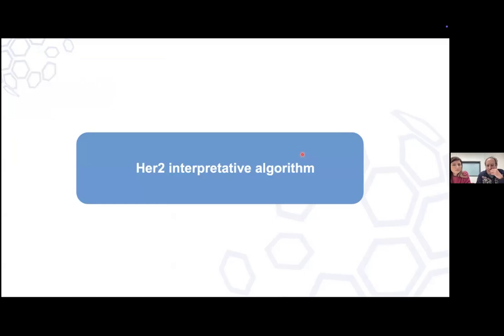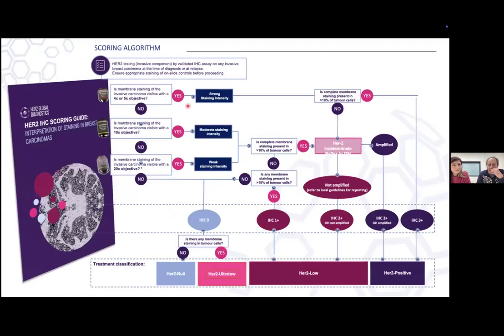So what is the interpretive algorithm? The interpretive algorithm, and this is one that we published with AstraZeneca, is a stepwise approach. Now, this is something you don't see in the published guidelines, but this is something that has evolved in the practice of histopathology.